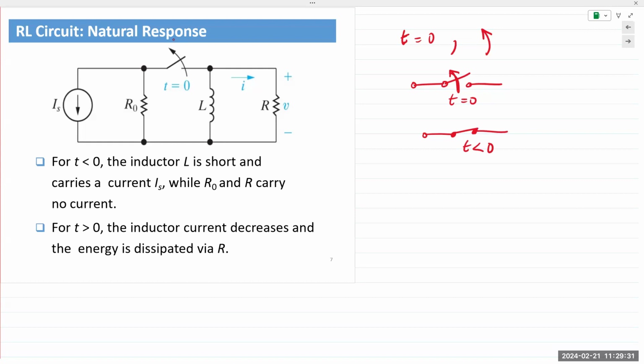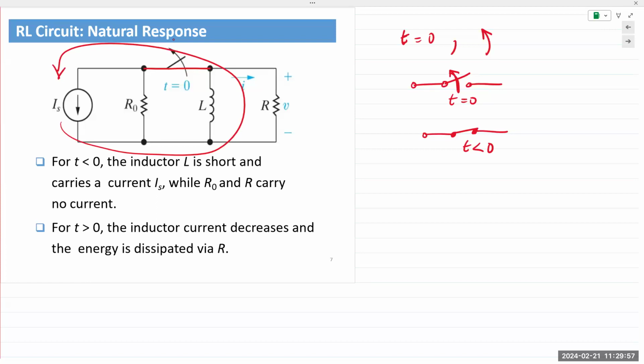At time t less than 0, the switch was closed. Those are the initial conditions. Then we write down the values for the voltage and current. So if the switch was closed, the current source has a pathway to flow through the inductor in this direction.